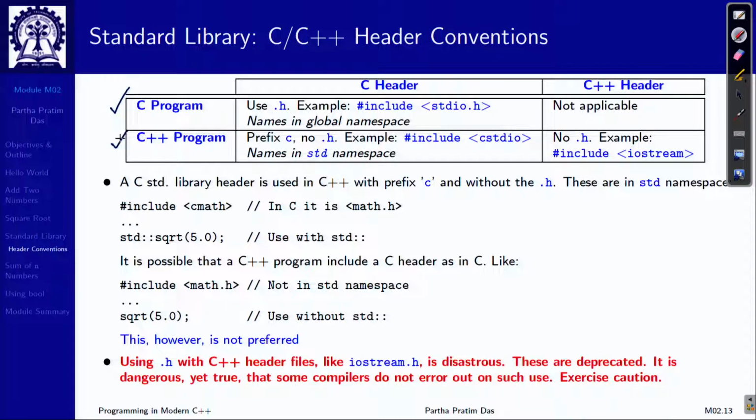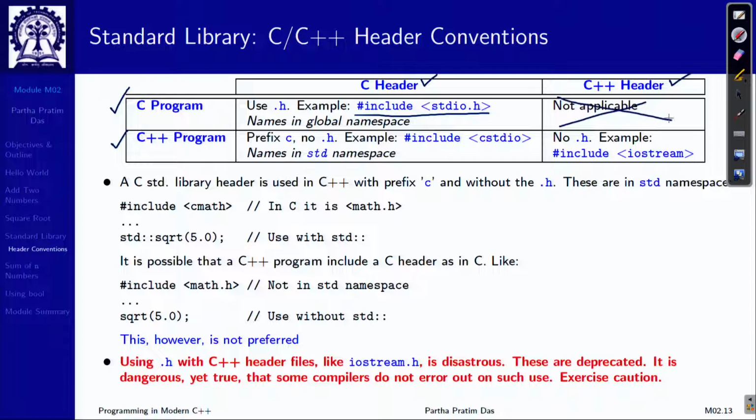Then you want to use a C standard library header, or a C++ standard library header, right. So, how do you write the header in every case? Now, writing a C program using a C standard library header is known to you. You do an include of the library.h, stdio.h, stdlib.h, math.h, and so on and so forth. You have been using it, so you are already familiar.